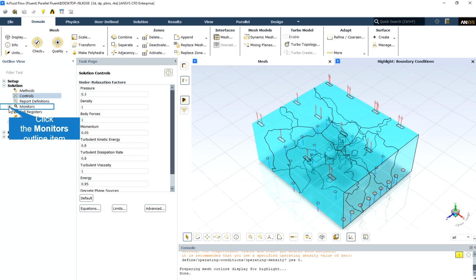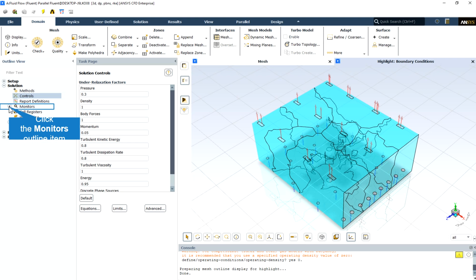These values are suitable for many problems, but for some particularly nonlinear problems, for example, some turbulent flows or high Rayleigh number natural convection problems, it is prudent to reduce the under relaxation factors initially.